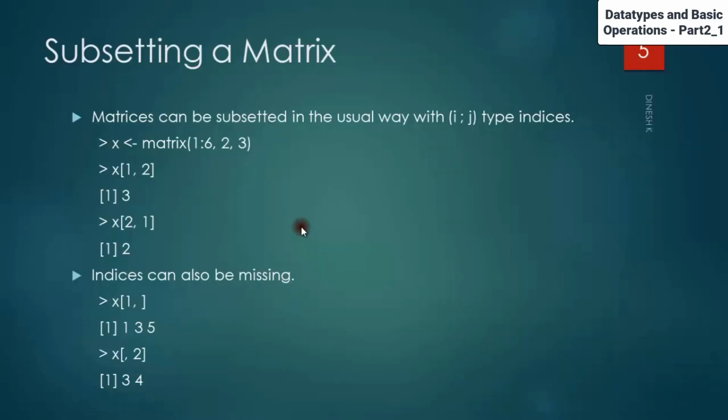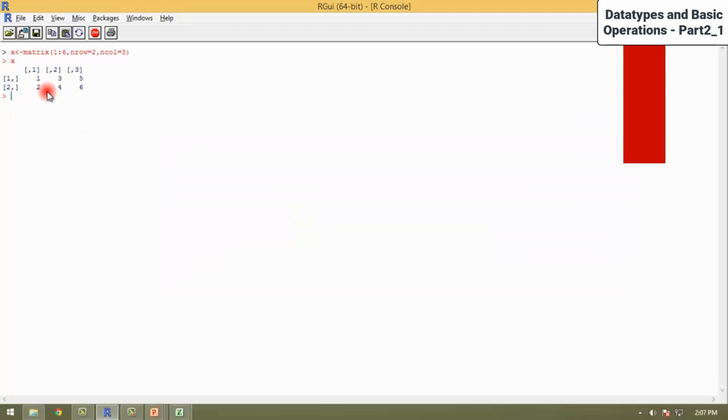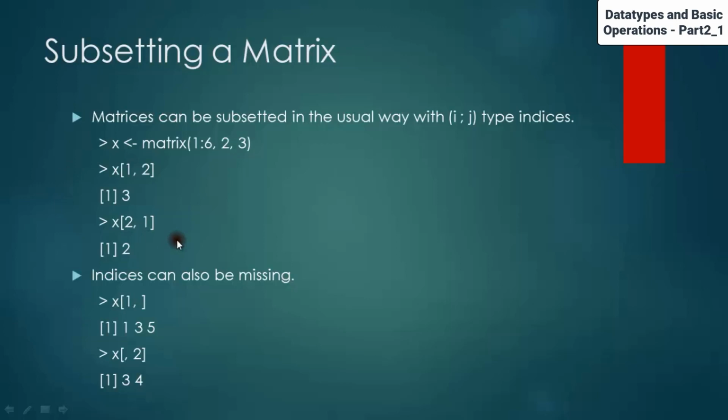Now we want to extract single elements from this. Let's say you want to extract the value 5. The dimensions corresponding to 5 are 1, 3. Now if you use this 1, 3, we'll be able to extract the value 5. This is what subsetting actually is.